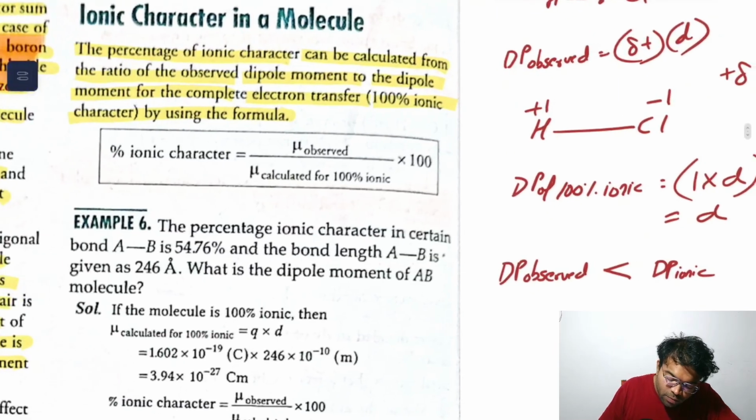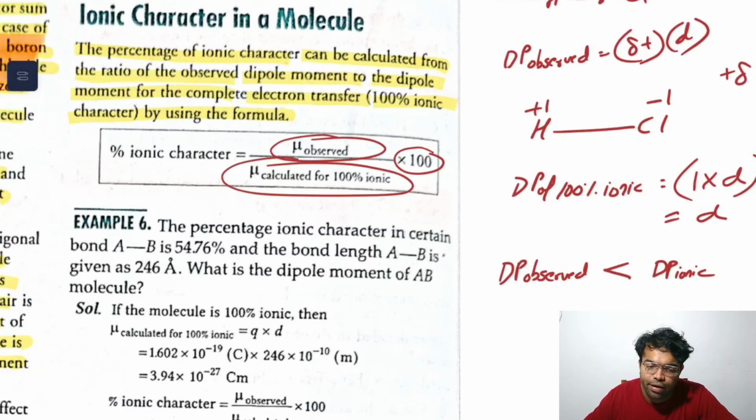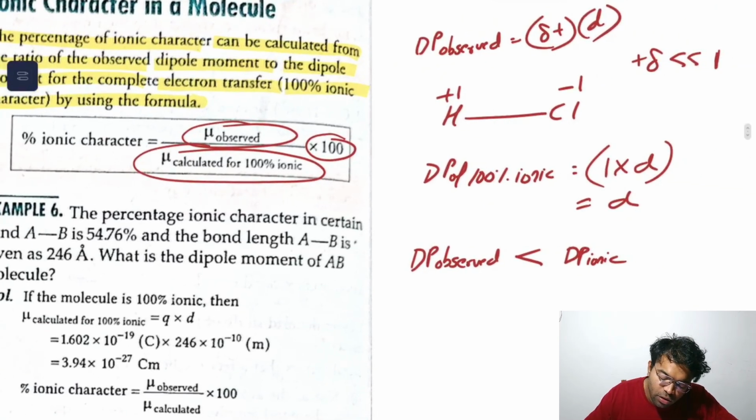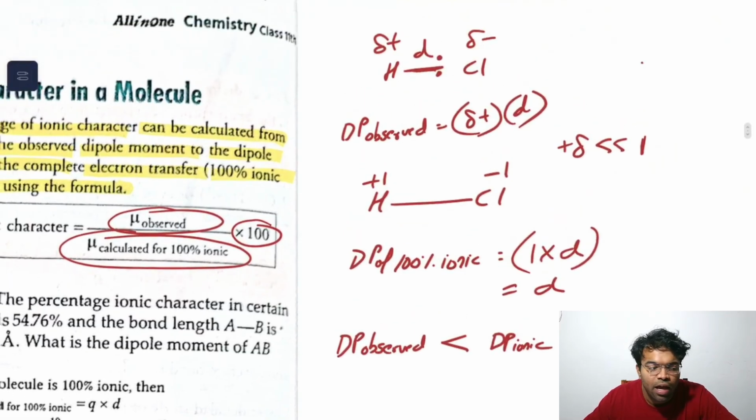So this is what is happening here. The observed upon the calculated into 100. This is how you do it. One, you see the sharing that is happening and how much dipole moment is being observed. Second, you actually transfer the electron from the hydrogen to the chlorine, so you will get another dipole.